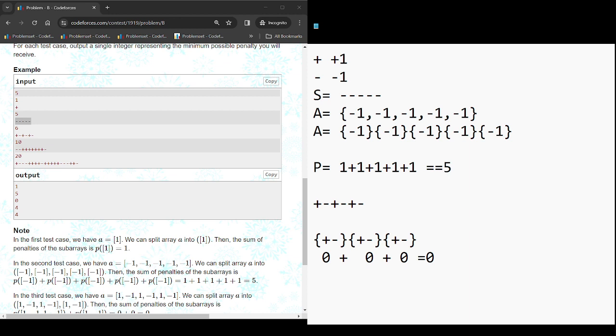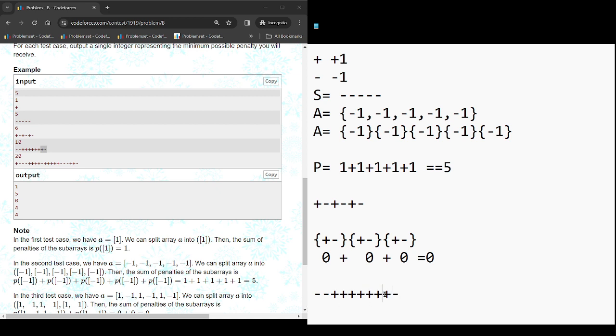Now if you notice what is happening here, let's talk about this one. Some of them are positive. If we take these 4, then these 2, and then 4 will come. Let's talk about this: minus, minus, then seven elements, then minus.